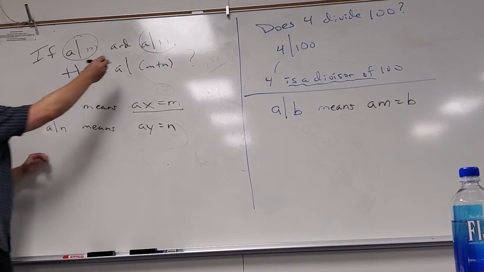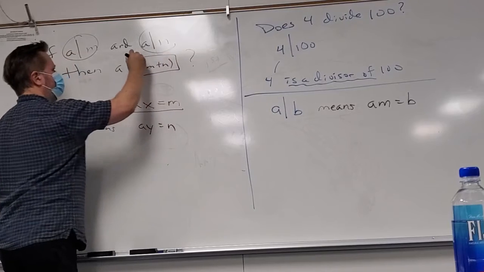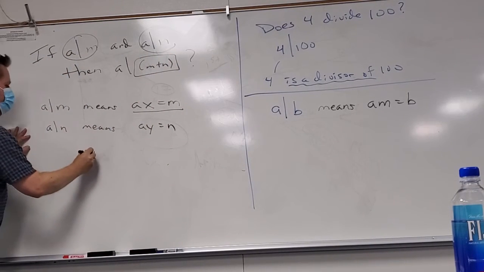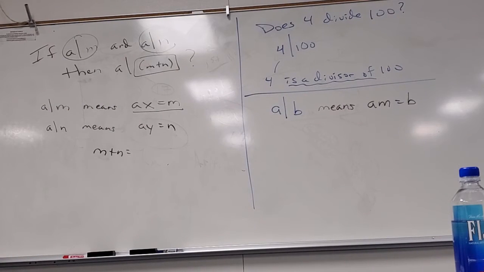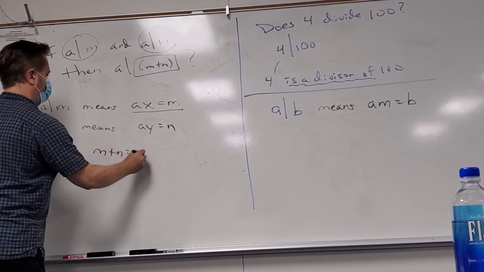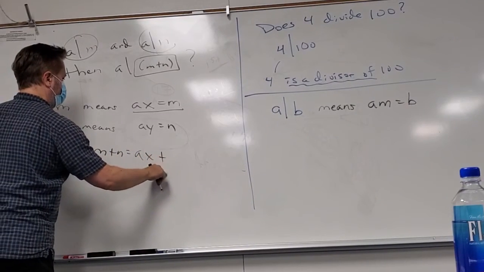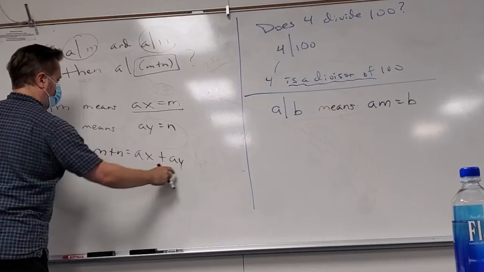And what is it that I want to analyze? I want to look at this, yes? What is M plus N, based on what we just wrote down? What is M? AX. What is N? AY. Does A divide this?